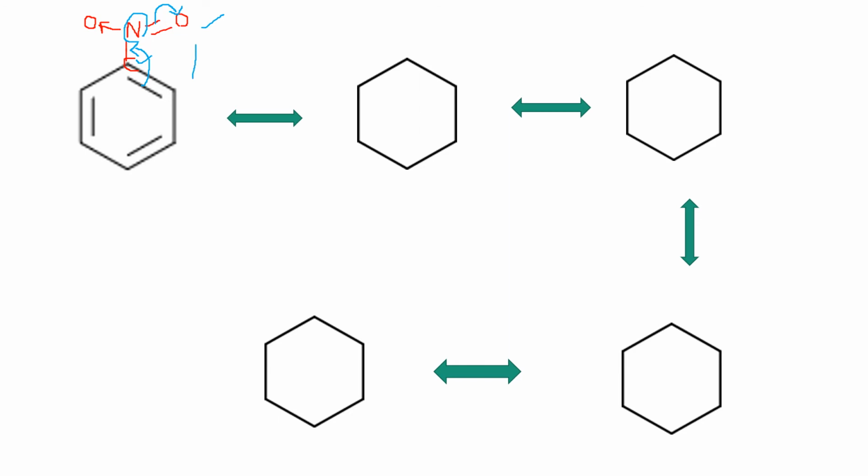So this group becomes electron withdrawing group if it is attached to benzene like this. So once we decide that it is electron withdrawing group, then we can draw the resonating structures easily. So let's do that.